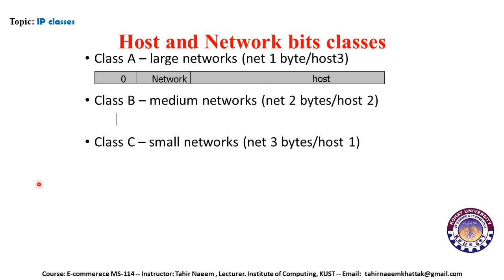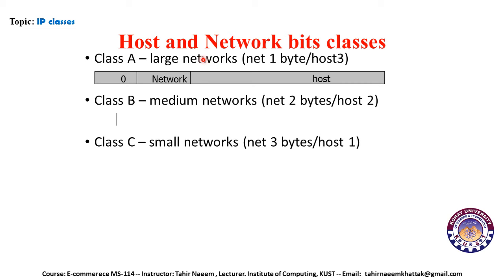Here in this topic we will discuss how we will find the host bits and network bits. As we know from the previous slide, there are three classes. Class A addresses are basically for large networks.